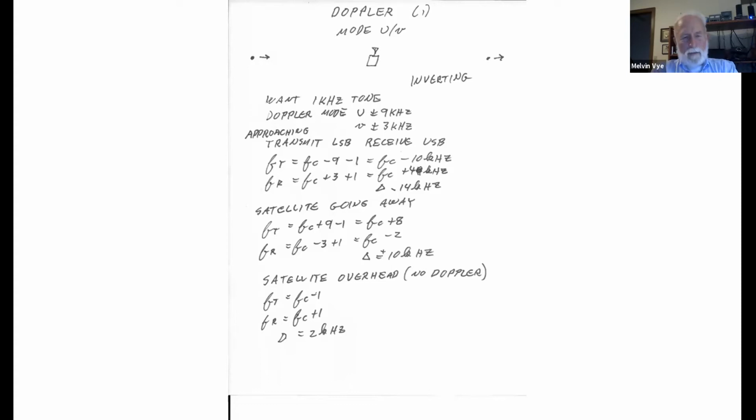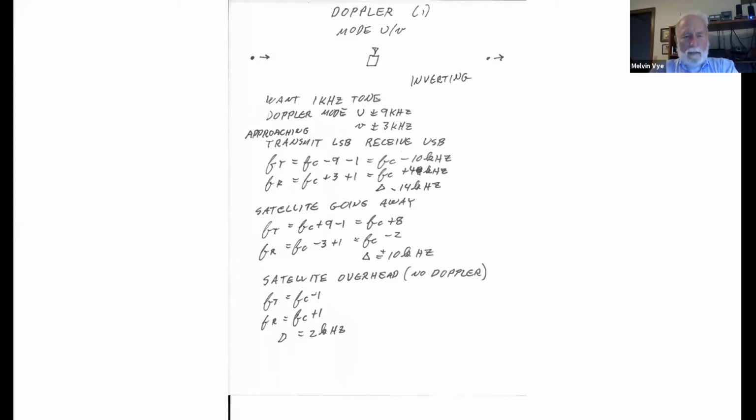And I would receive that on, now I'm receiving on upper sideband, so I'd receive it on the carrier frequency plus 3 plus 1. And when I did that, I would see that the total shift in the transmit and receive frequencies would be 14 kilohertz.